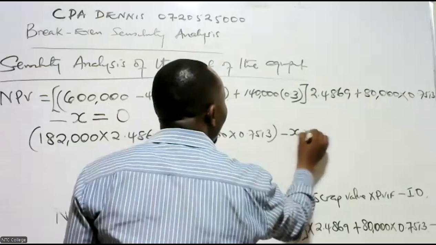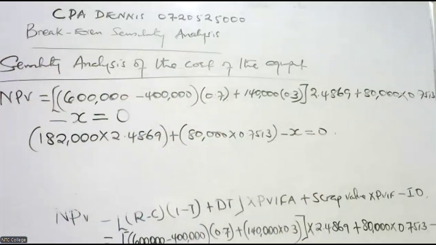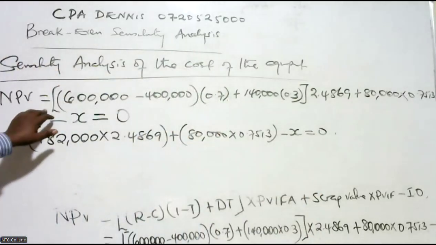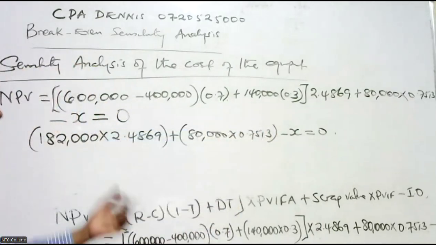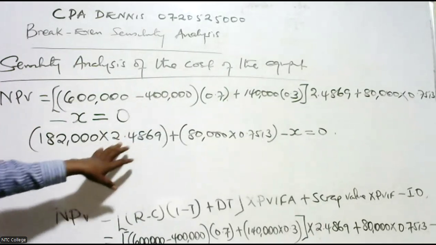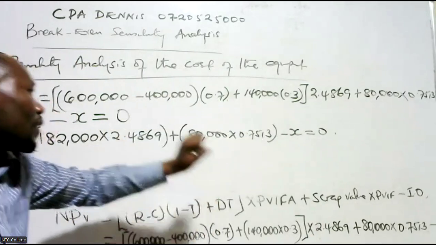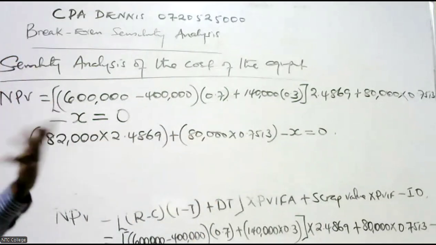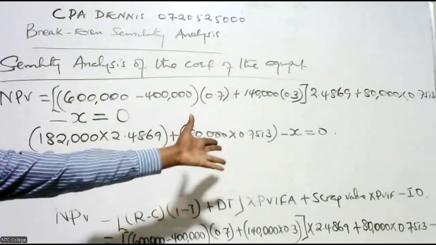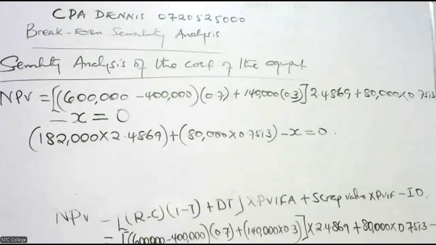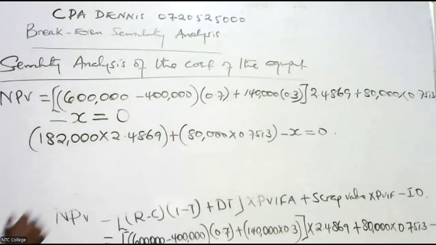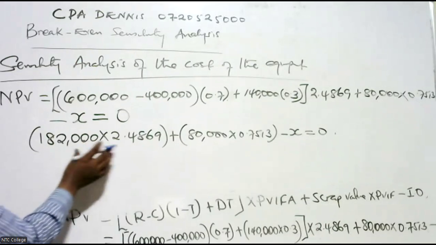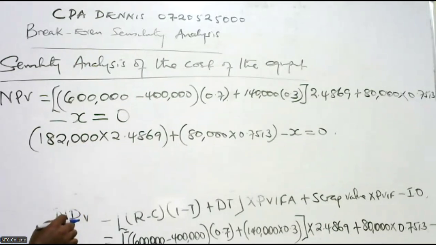Minus X is equal to 0. That is the equation. Because we have just solved this. This is the cash flow up to here. It is the normal cash flow, which is 182. Now we discount it, and then we discount the residual value, scrap value. We minus X that we don't know. We want to know it, and then we get 0. We can now have X cross the other side so that we can have our calculation, and then we compare.